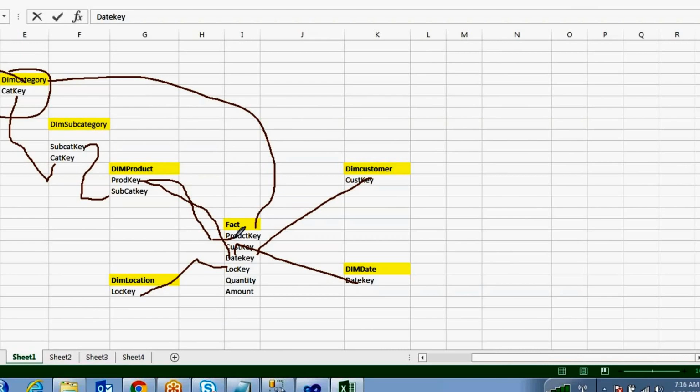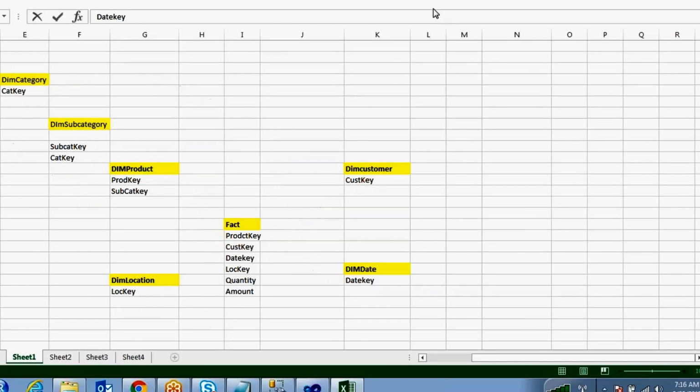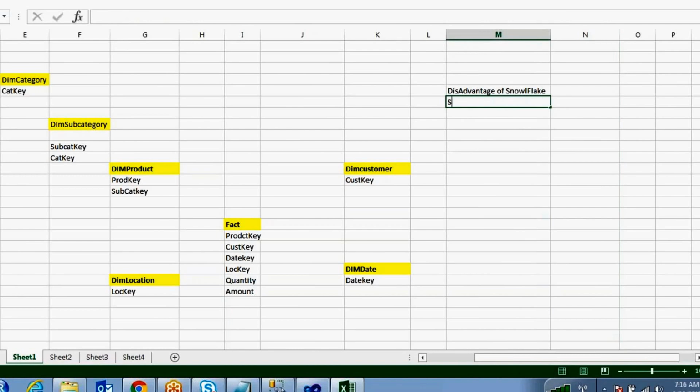So in this way you have to join many tables, and your performance may be impacted. This is one disadvantage of the snowflake schema: so many tables. When you want to query the data, you have to join many tables.